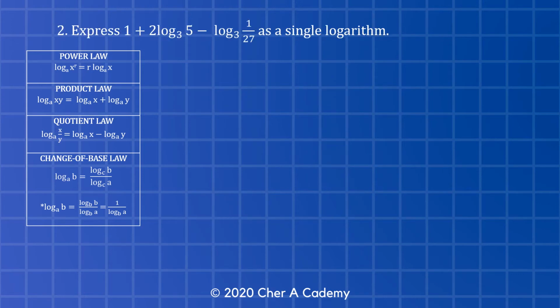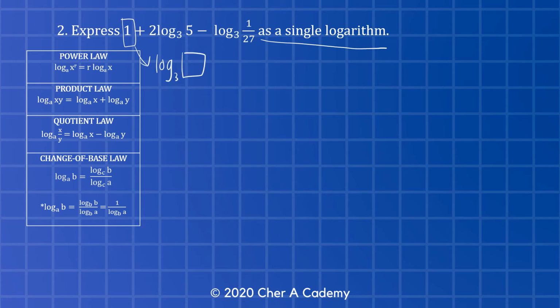Question 2. Express 1 plus 2 log base 3 5 minus log base 3 1 over 27 as a single log. So this gives me a very big clue that I have to change all of them to the same base. So now my challenge is this one whole here. How do I change it to have the same log, same base?